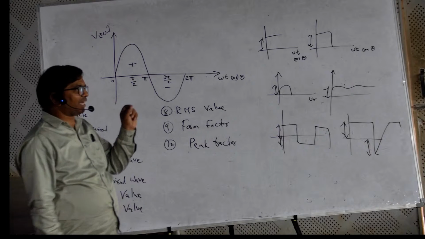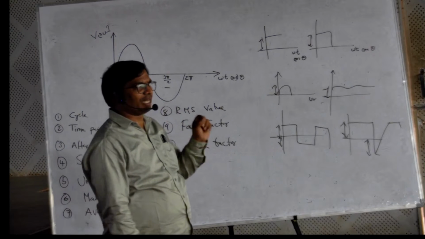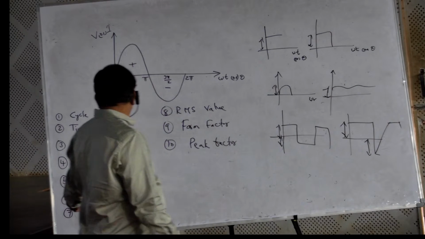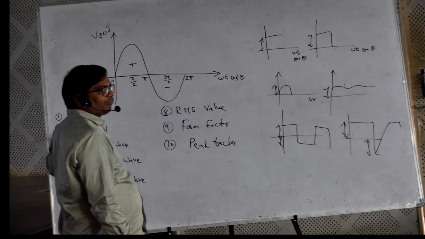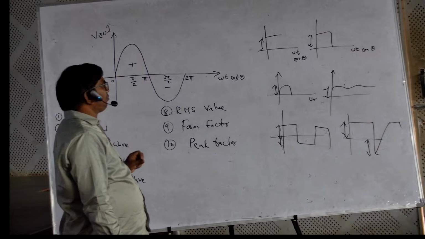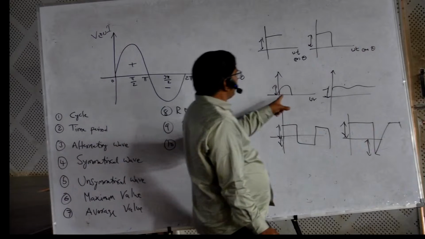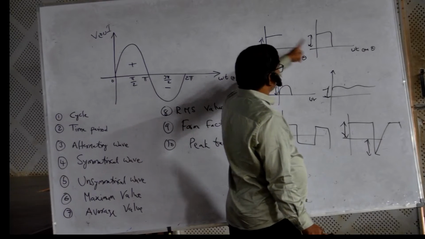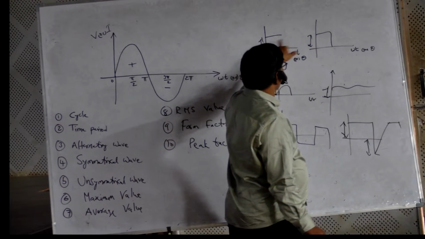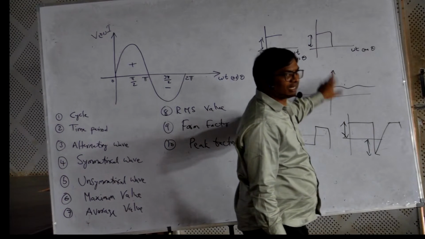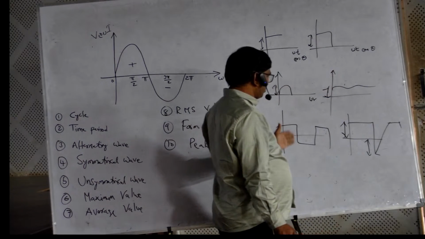Now we are saying alternating wave. What is the meaning of alternating wave? See, these 1, 2, 3, 4 are not alternating waves, whereas this one is alternating.